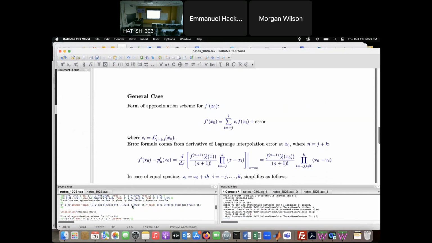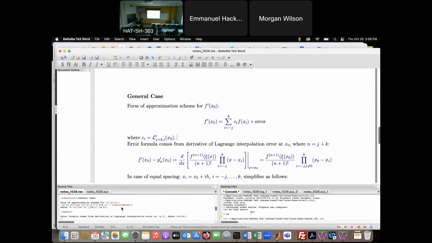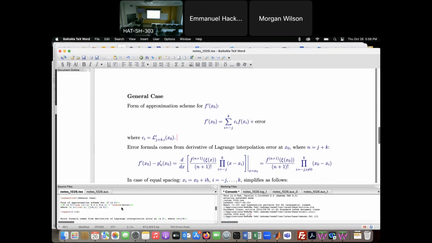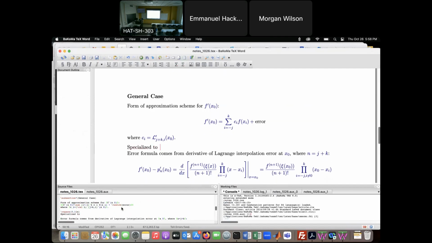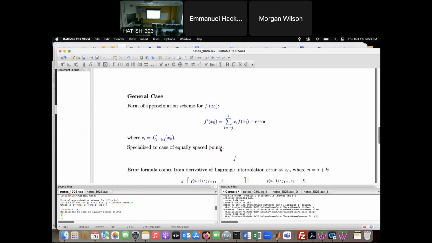But actually, I'm gonna specialize this to the case of equally spaced points, because this formula does not require that the xi be equally spaced. Here I use a conventional 1/h factor out front.